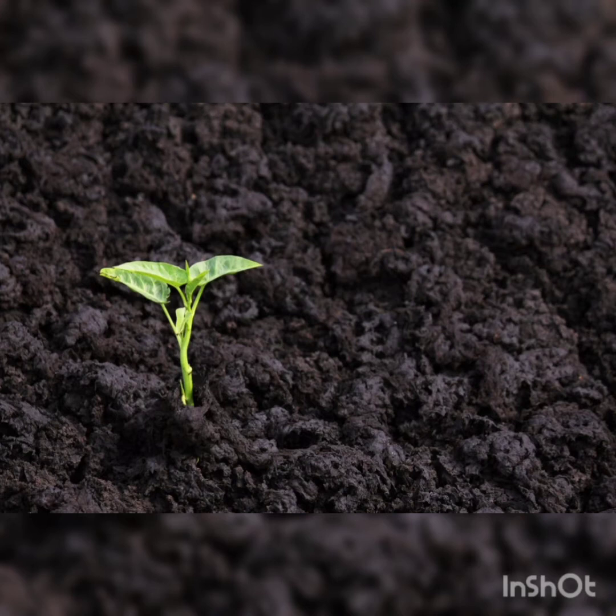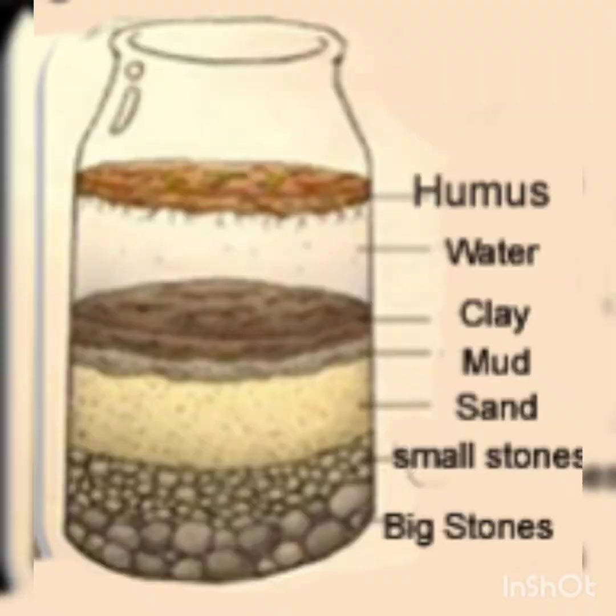Humus is very important for the growth of plants and animals because it is rich soil containing the remains of dead plants and animals. This is the most fertile layer. Plants are normally rooted here. All of you look at the picture. Yes, here the picture shows different layers of soil.